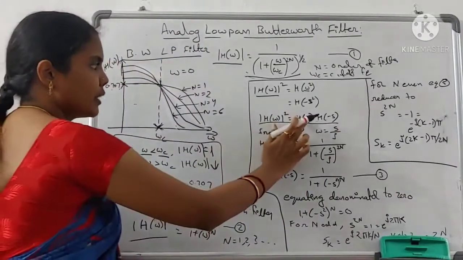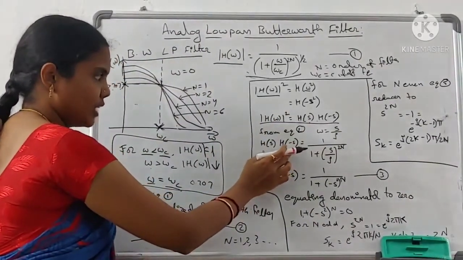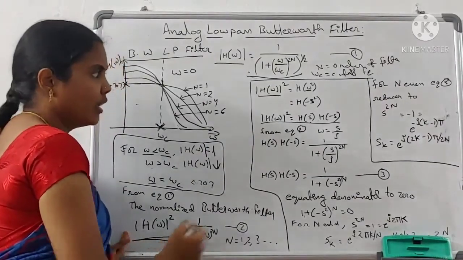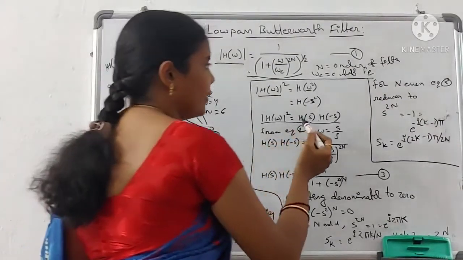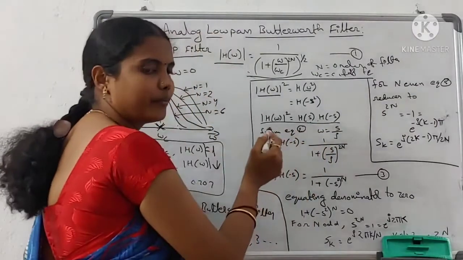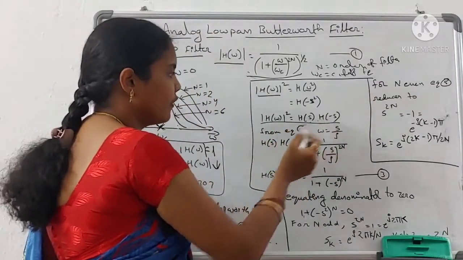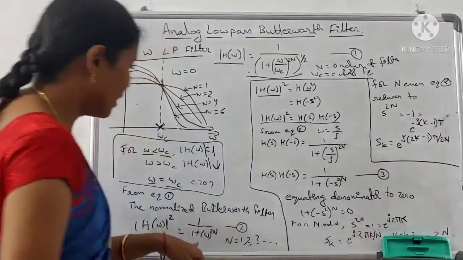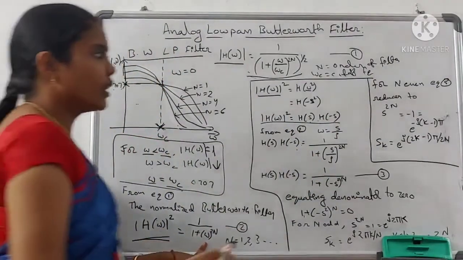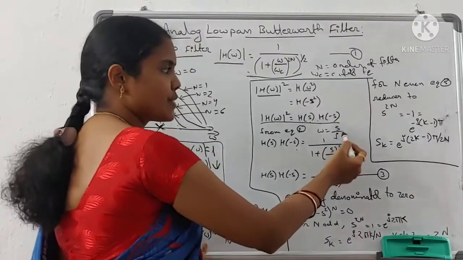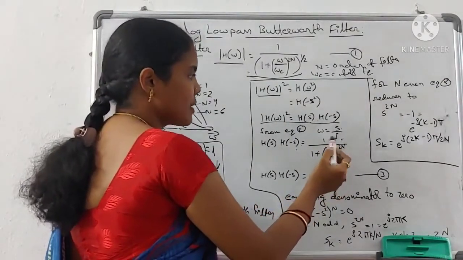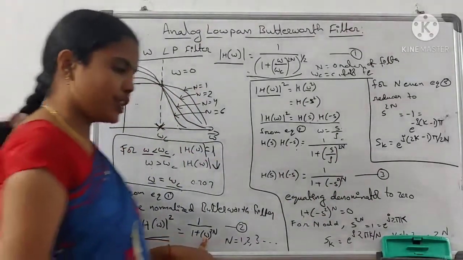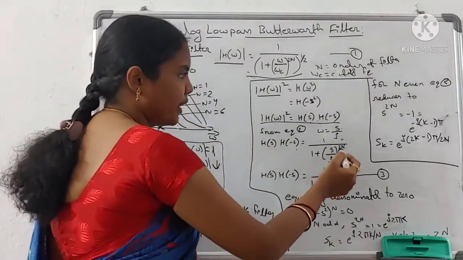Now substitute the left hand side part here in equation 1. In equation 1 there is |H(omega)| whole square, and the calculated value is H(s) into H(-s). Let omega be equal to s by j, and substitute it in place of omega: (s by j) whole power 2n.